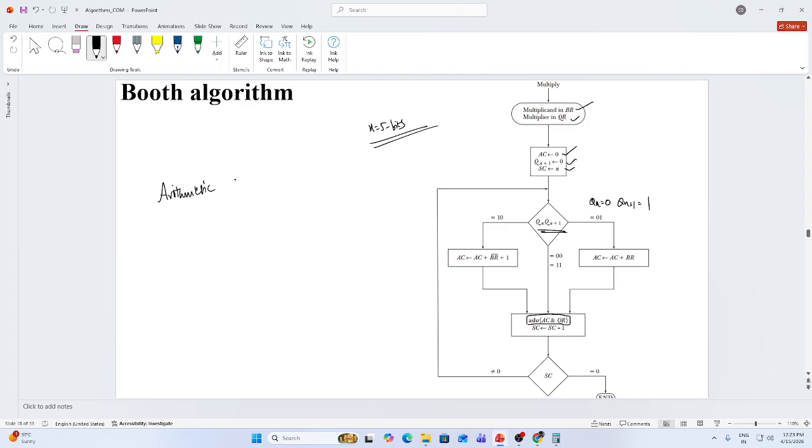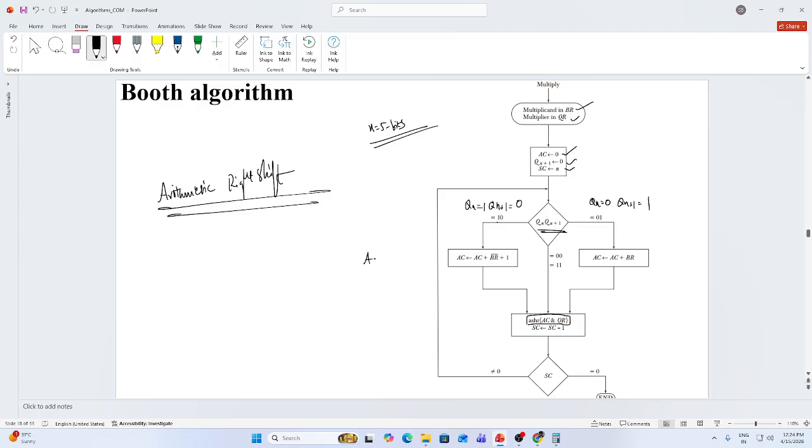What is an arithmetic right shift? I told you I will explain this later, so hold on. First see the algorithm. If Qn equal to 0 and Qn plus 1 equal to 1, perform addition and right shift. Similarly, if Qn equal to 1 and Qn plus 1 equal to 0, if you get the 1 0 combination, then you need to perform subtraction and right shift.